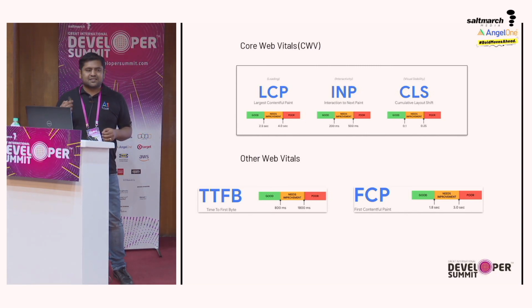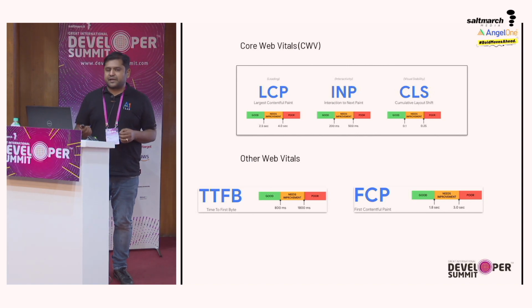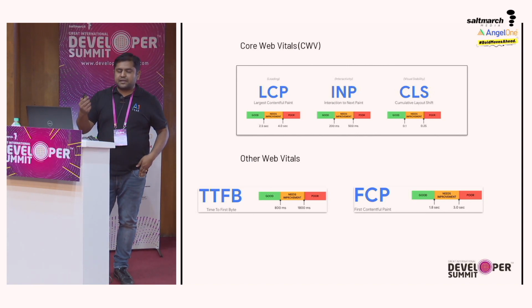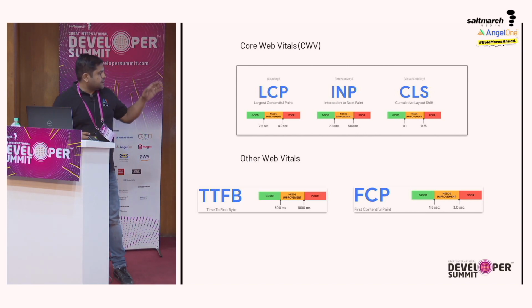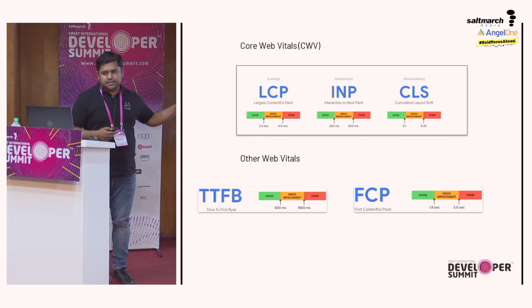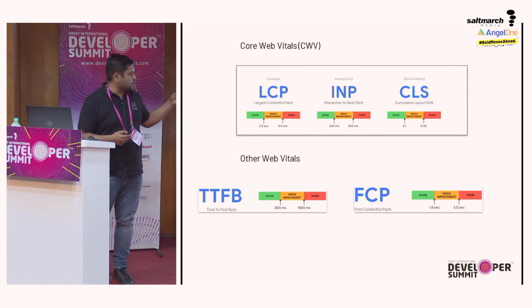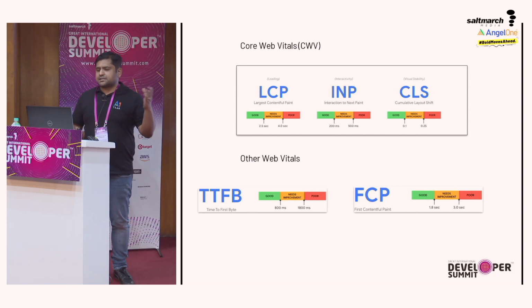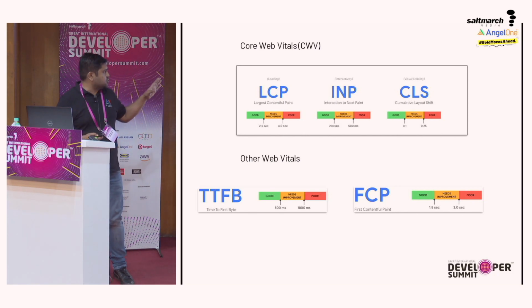Now, there are certain thresholds defined for all these metrics by Google. For example, in the case of FCP, you should try to show some meaningful content to your user within 1.8 seconds. It's a P75 metric, so 75 percent of users should see your content within 1.8 seconds. Similarly, for LCP, that threshold is 2.5 seconds.